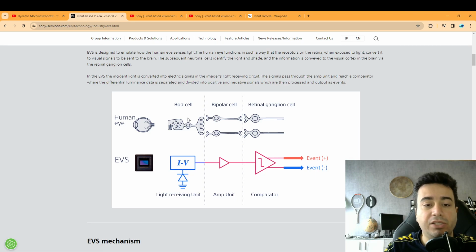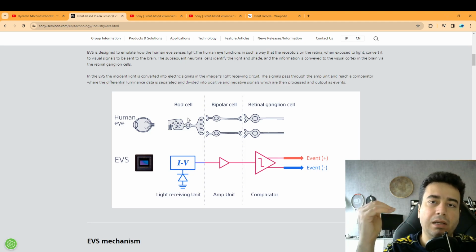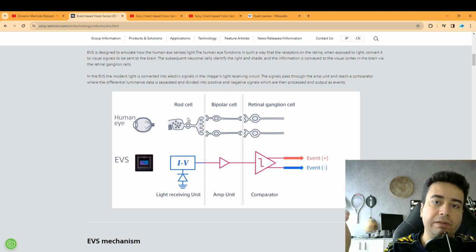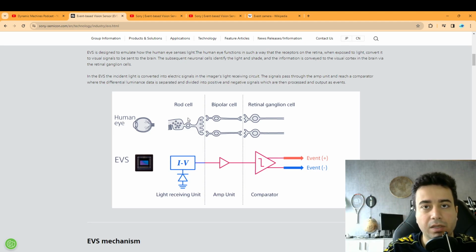In the second stage, we have an amplification unit, and the third is a comparator, where you define a threshold, and if the signal amplitude reaches that level, over that level it will be a plus event, and below that level it will be a minus event.